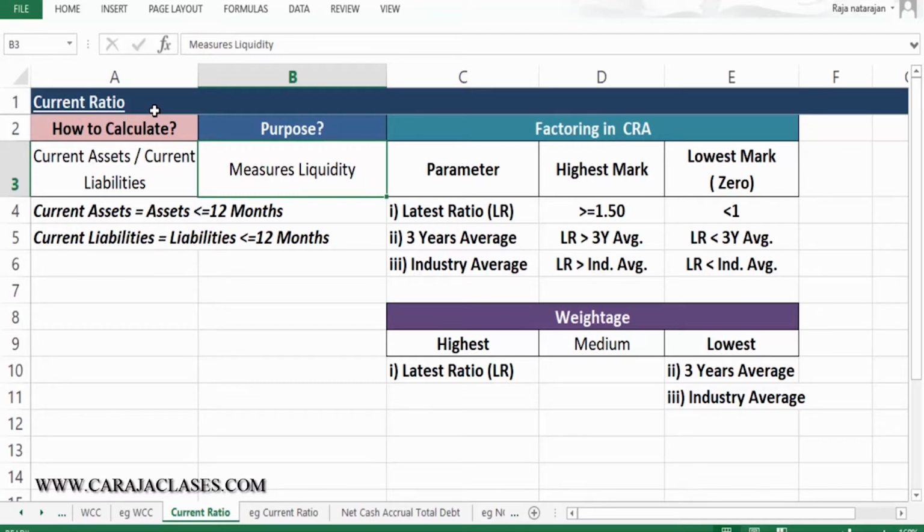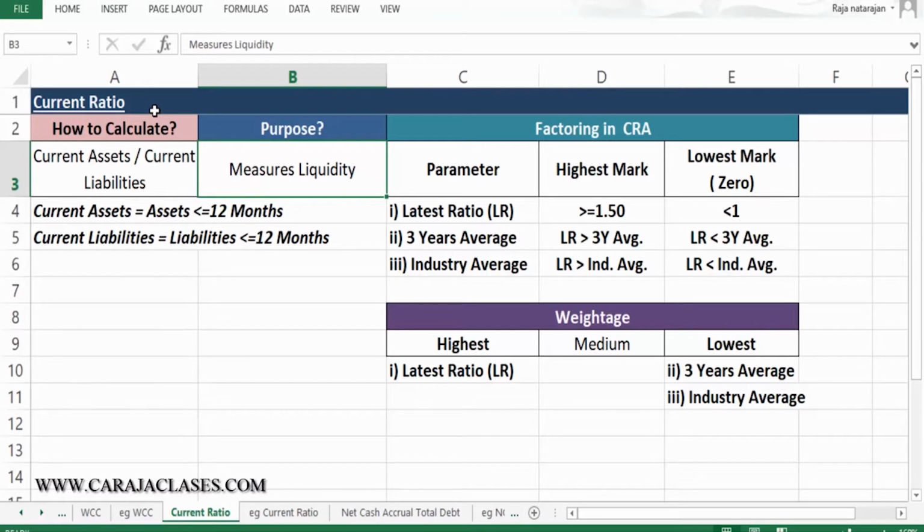So the purpose of calculating current ratio is to measure liquidity. A ratio above benchmark indicates comfortable liquidity. A ratio below benchmark indicates that they are in strain, and a ratio below 1 indicates severe liquidity strain, and this organization will face a liquidity crunch or cash crunch.